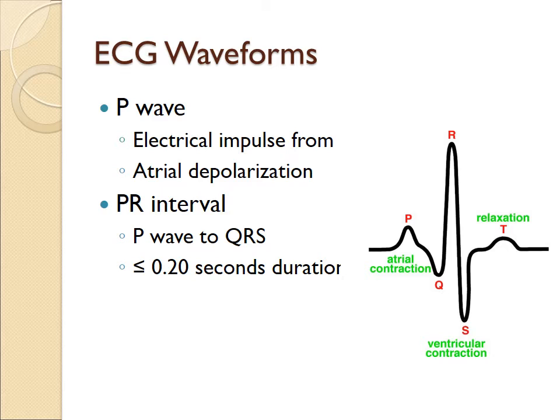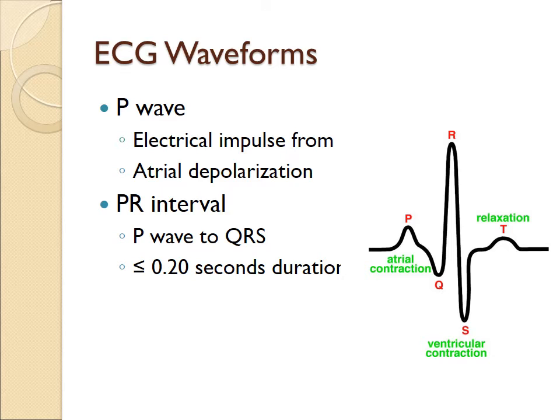So this length of time should be less than 0.20 seconds in duration. This indicates that is the proper amount of time that the electrical impulse went through the atrium. This is a really important thing to memorize, and you also need to realize that when this is extended out, this is sometimes a sign of some kind of heart block.